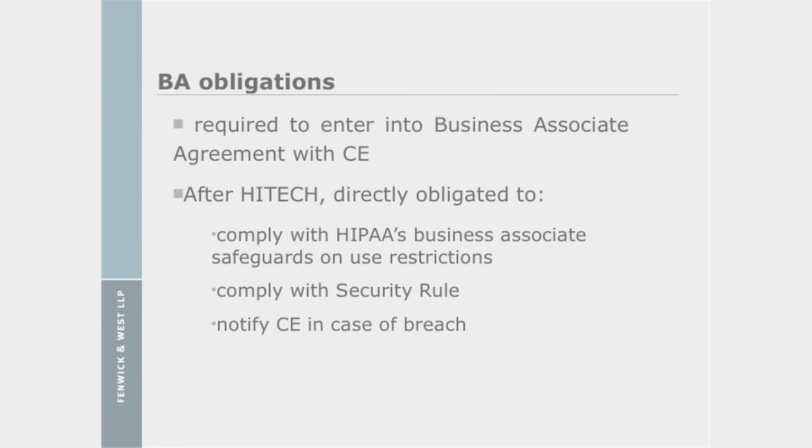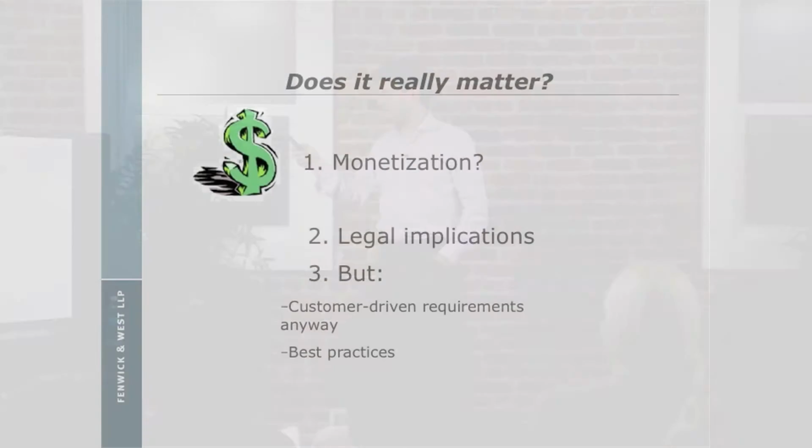And then after HITECH entered into force around 2 years ago, business associates are also obligated to comply with all of the different safeguards that we talked about earlier with respect to covered entities, including the security measures, and including notifying the covered entity in case of a security breach.